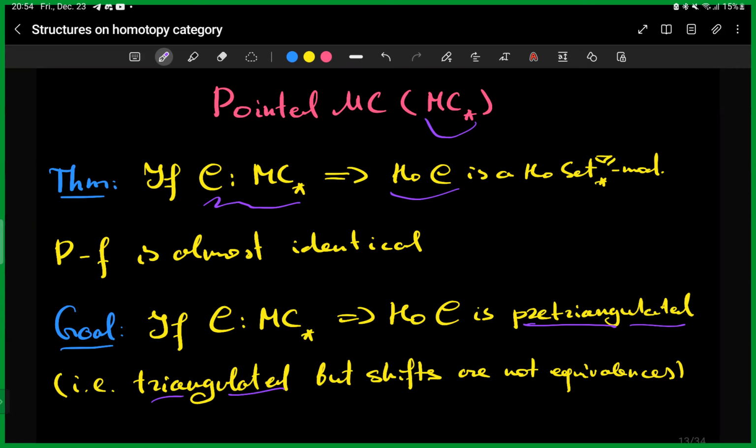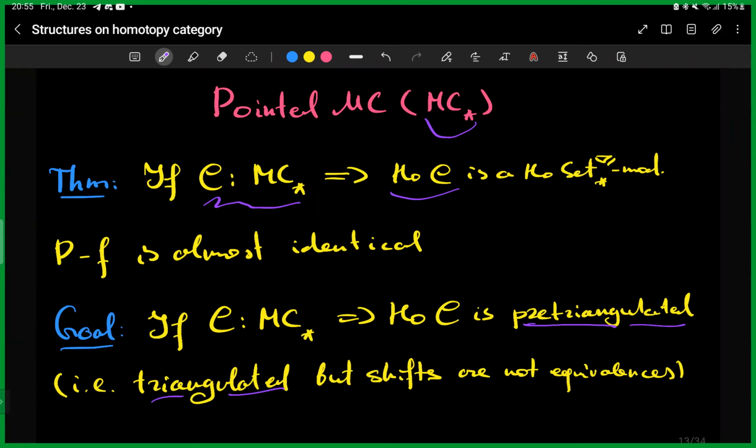Pre-triangulated categories are categories where, instead of one kind of distinguished triangles, we have two kinds of distinguished triangles: left triangles and right triangles. Left triangles are invariant under positive shifts, so suspensions.